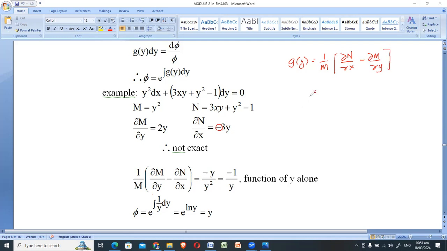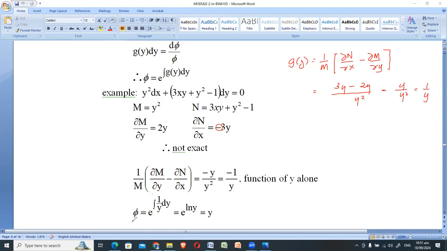So we'll do the subtraction. You have 3y minus 2y, and it should be divided by the m, which is y squared. You'll see that you'll have a y in the numerator, y squared in the denominator. So it's 1 over y.